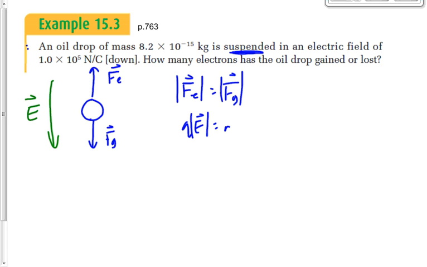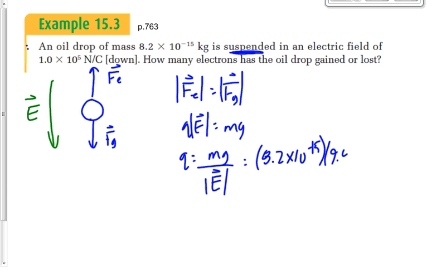Do you remember when we derived this equation, we said that sometimes we have to replace E with delta V over delta D? Do we have to do that here? Do we know the value of E? Sure, so we don't need to do that here. Let's just say Q is equal to mg over electric field. That's 8.2 times 10 to the minus 15 times 9.81 divided by 1.0 times 10 to the 5 newtons per coulomb.